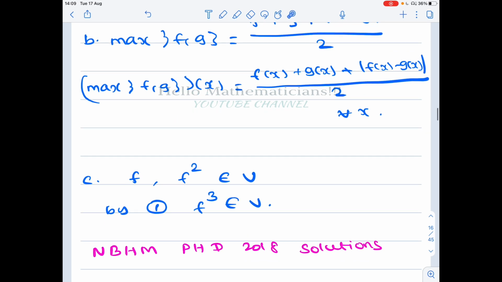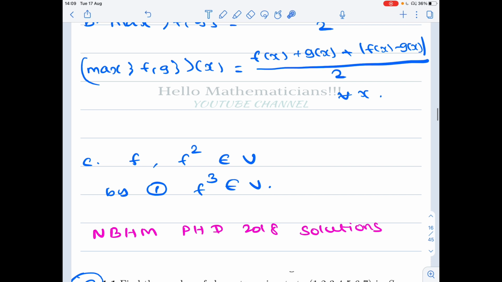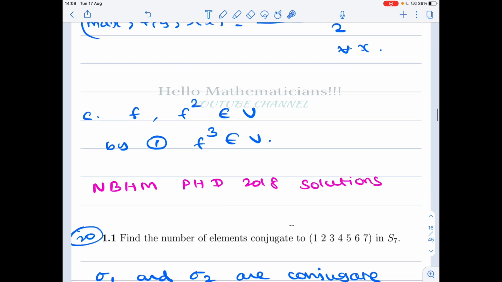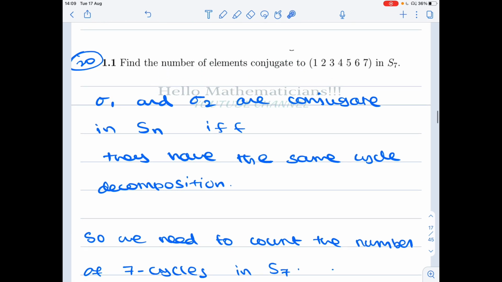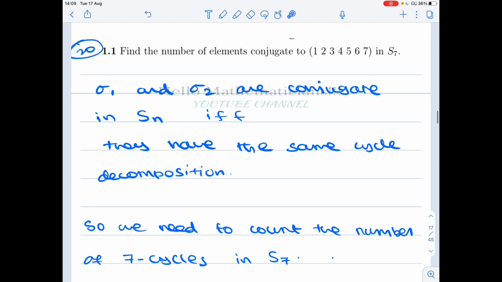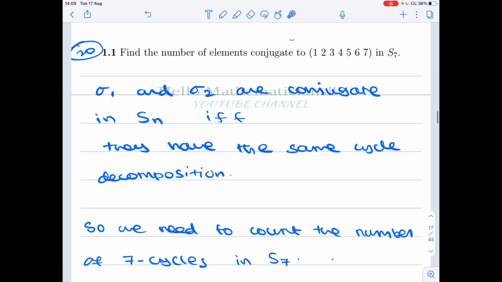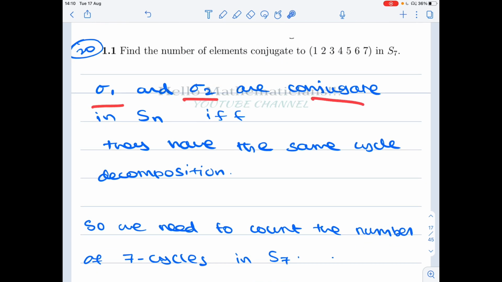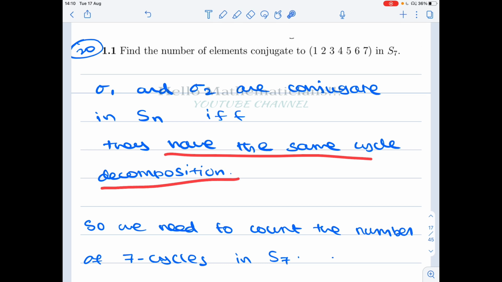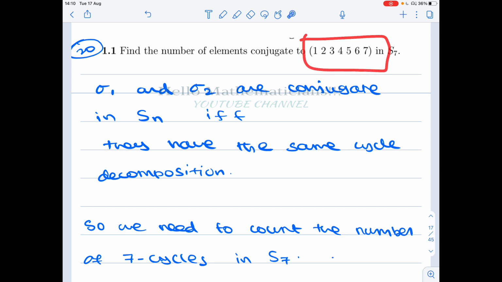I will stop with the 19th problem, and in the next video we will see the 20th problem. Find the number of elements conjugate to this particular permutation. We have a nice result: two permutations are conjugate if and only if they have the same cycle decomposition. So a permutation conjugate to this permutation should also be a 7-cycle.